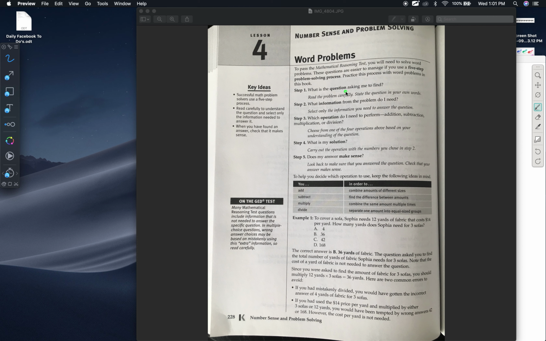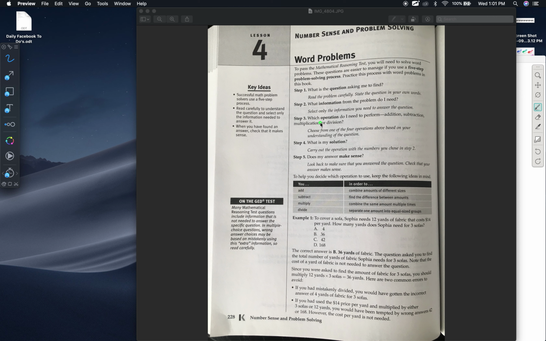What is the question asking me to find? Read the problem carefully. State the question in your own words. What information from the problem do I need? Select only the information you need to answer the question. Sometimes there'll be additional information which can be a little confusing, so look out for that.